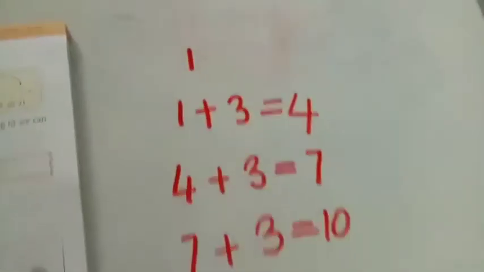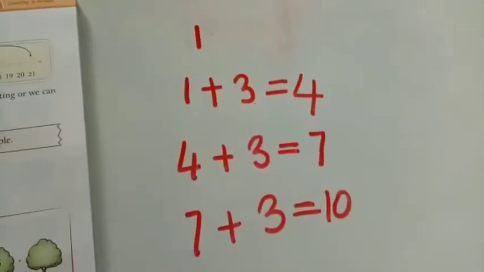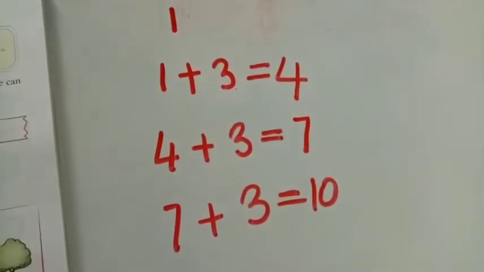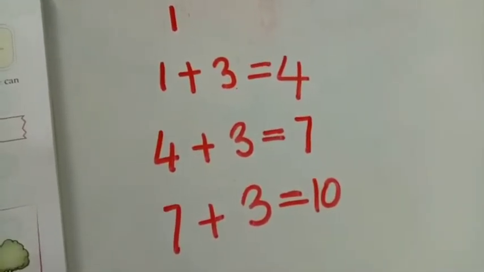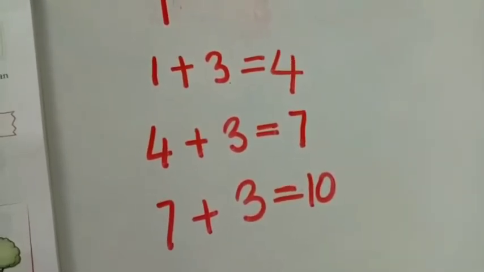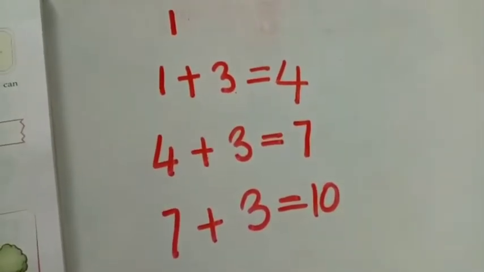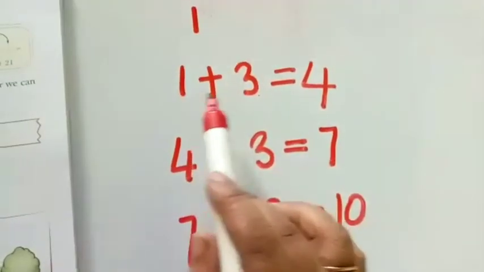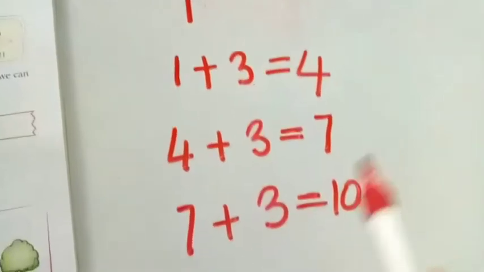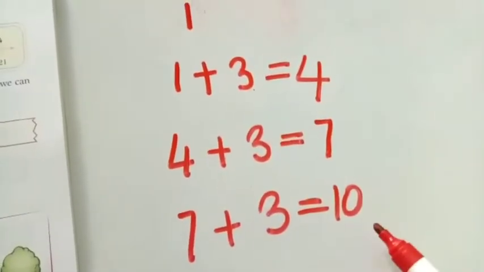So simply, if you are counting in twos, you have to add 2 to the previous number. If you are counting in threes, you have to add 3 to the previous number, as we have done here.